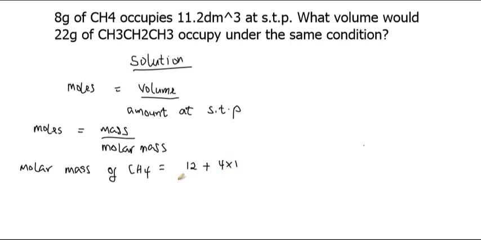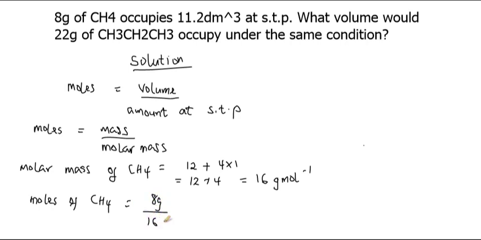So this gives us 12 plus 4, which is equivalent to 16 grams per mole. So now, for the moles of CH4, we have the mass to be given as 8 grams divided by 16 grams per mole. And this gives us 0.5 moles.